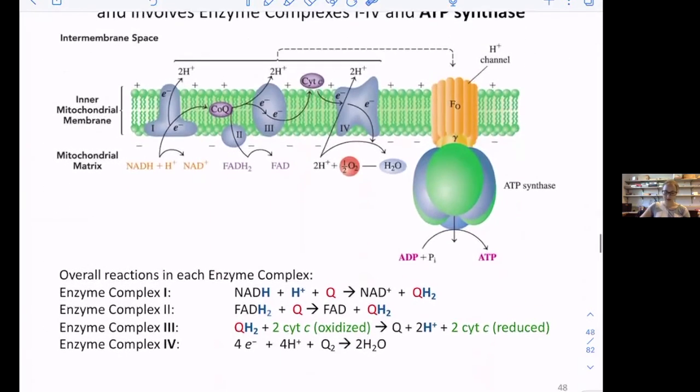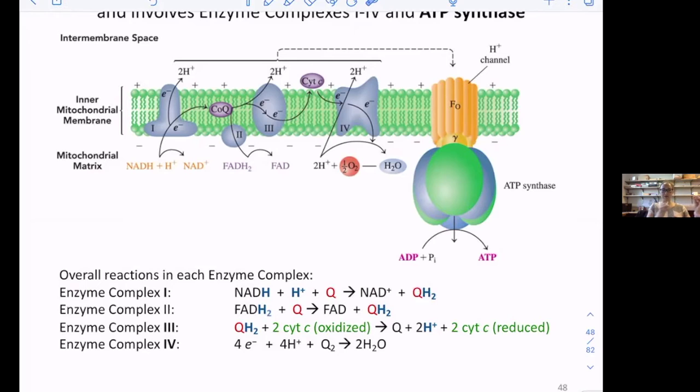Now, specifically what happens in each enzyme complex. In enzyme complex 1, NADH plus H plus, with a coenzyme we're just going to call Q, which is a coenzyme in the mitochondria that stays there, makes NAD plus and QH2.